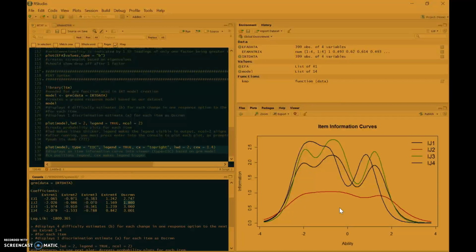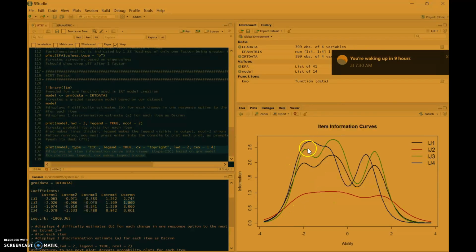What I thought particularly interesting about this curve is the comparison between item 1 and item 3, how item 1 kind of has this tendency to give a little bit more information at slightly lower levels of theta space when you're looking relatively.